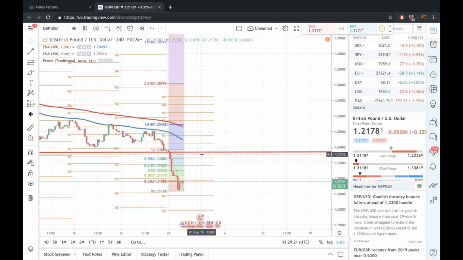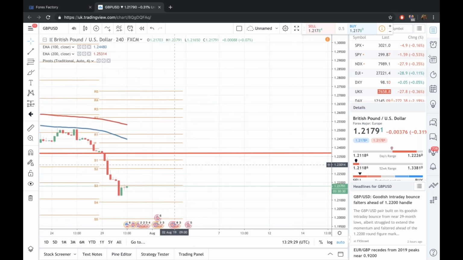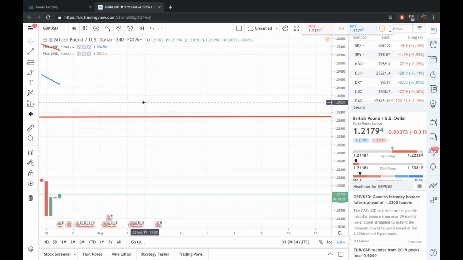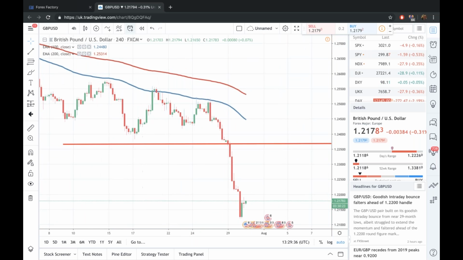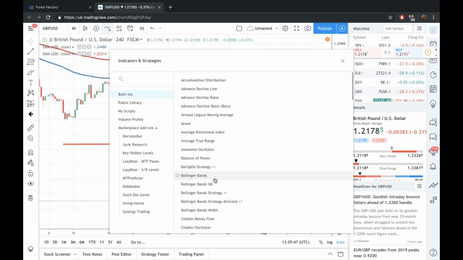Okay, so Efam, I'll just show you how you do that. This is how you do it. Let's take the pivot points traditional off. All you do, go to TradingView, and then what you want to do is go to indicators, go to pivot point standard.